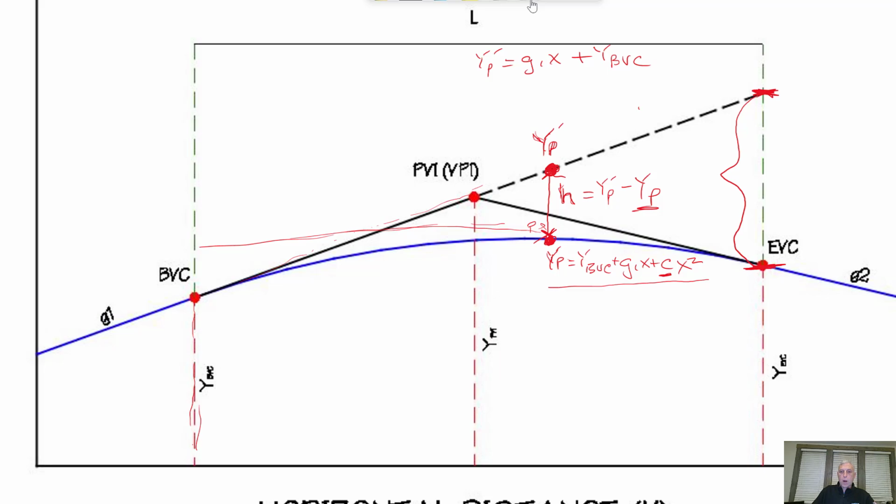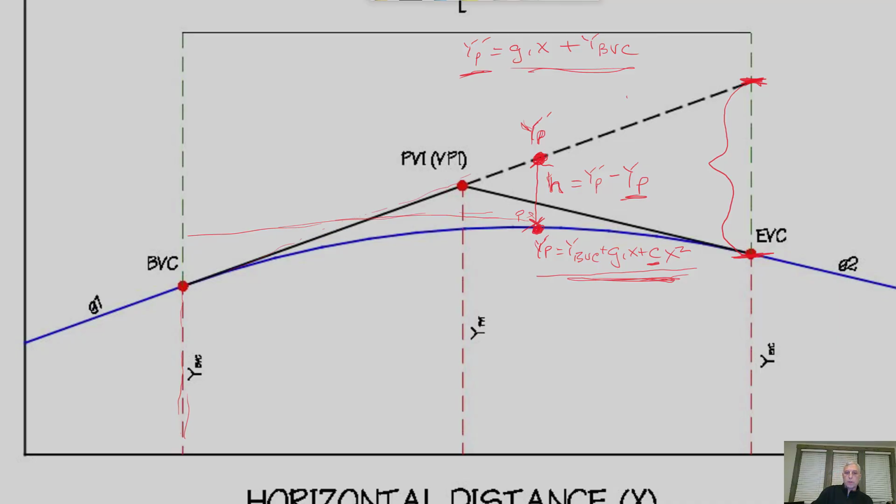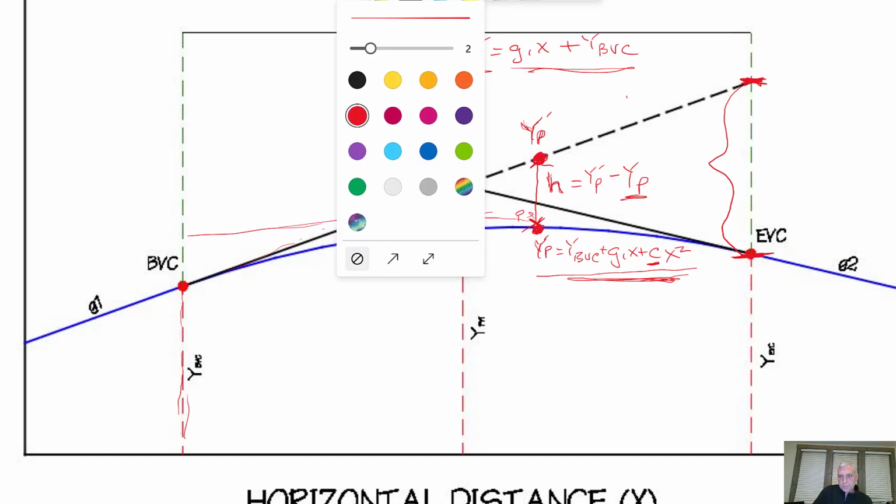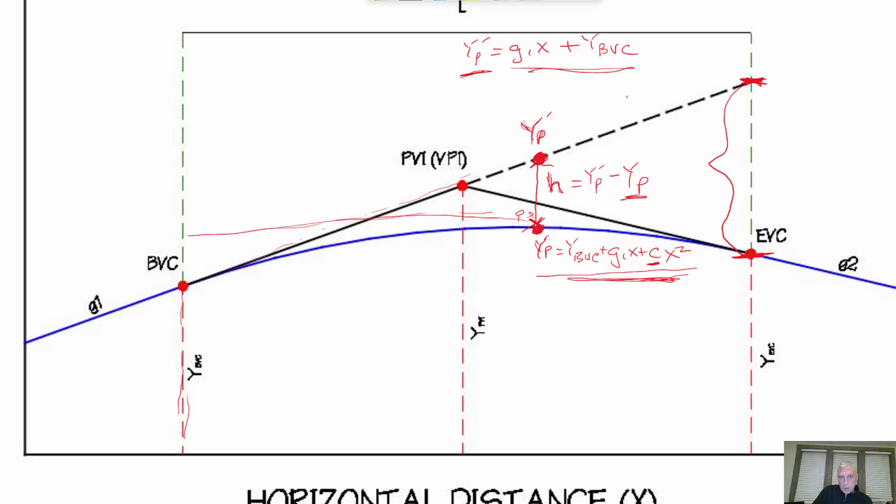So then we have our y prime, that's this here. We have our y of p, of our point, that's that there. If we just take the difference between those, we get what we're looking for. So I'm just going to write this down. H equals y prime of p minus y of p.